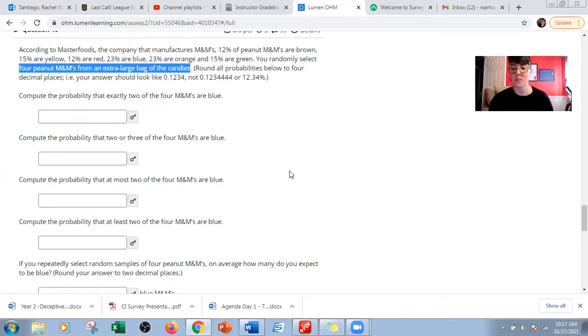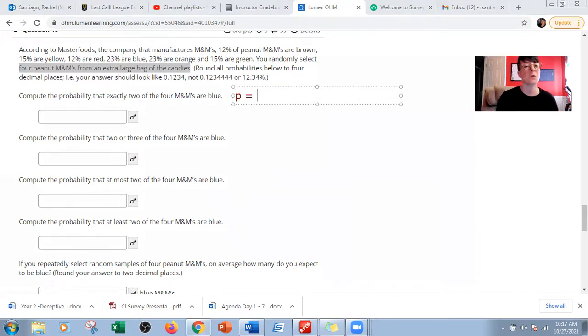So the first thing we do is we say to ourselves, okay, what are the chances that the M&M will be blue? So we'll call that the probability of success. So Sudhajini, what is the probability of success, meaning that we pick a blue M&M?